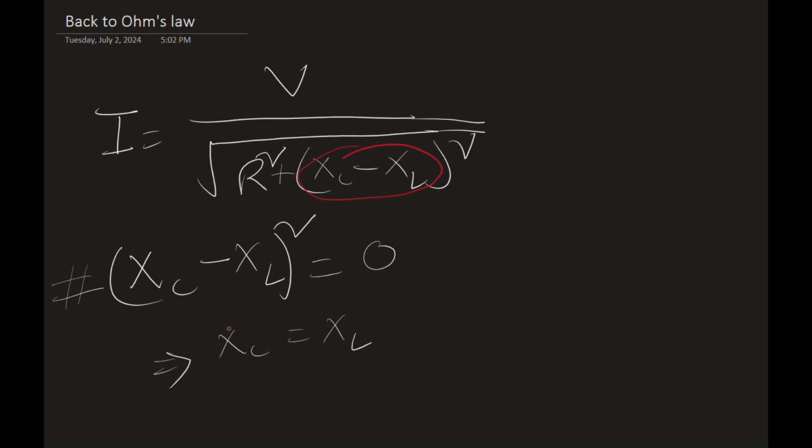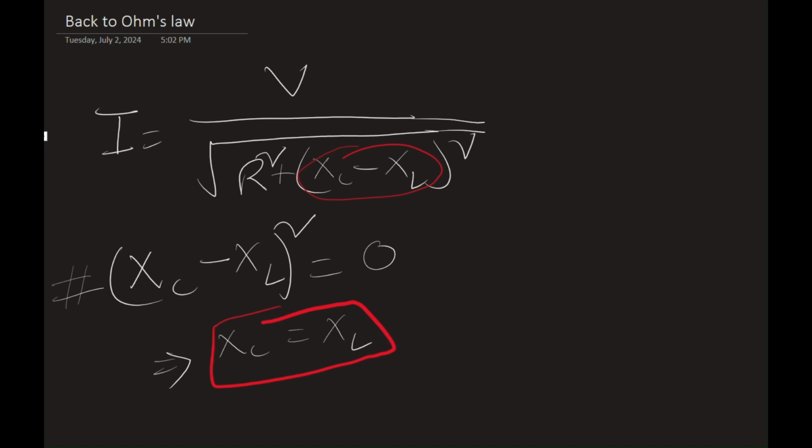It is a squared value, so any negative values will be turned positive. So we cannot say a negative value can be the minimum value. That means the minimum value for (XC minus XL) whole squared will be 0. And then we can derive from this equation that XC is equal to XL. So if we can get XC equal to XL, we will have the maximum current output.